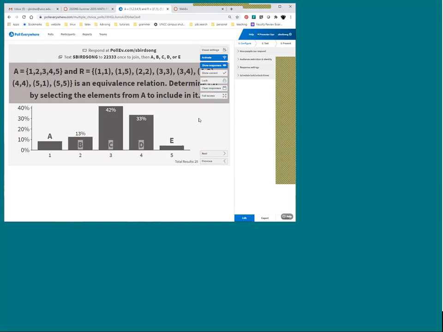So anybody want to take a guess on why you would make those selections? And notice I didn't say those selections were right. I just said, why would you guess those selections? Anybody want to take a guess at that?